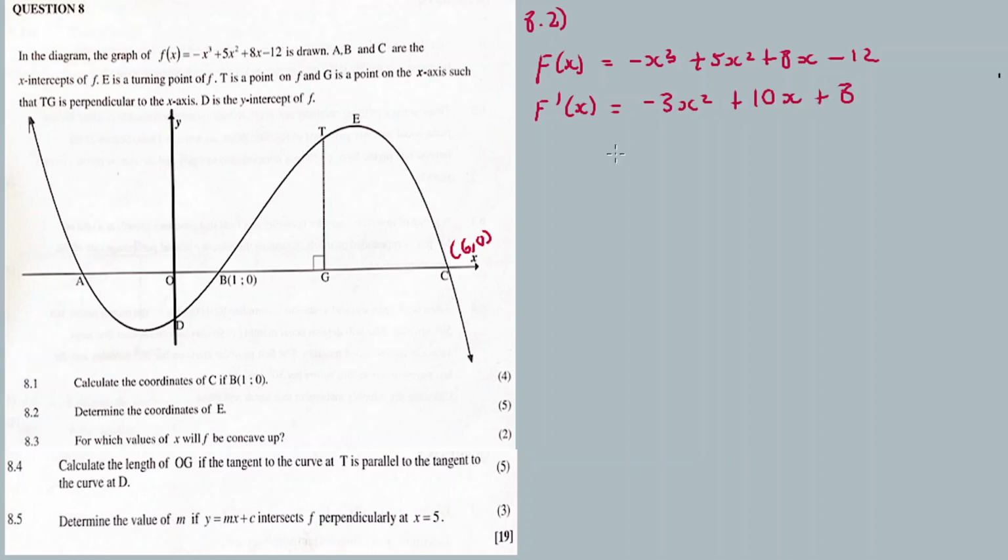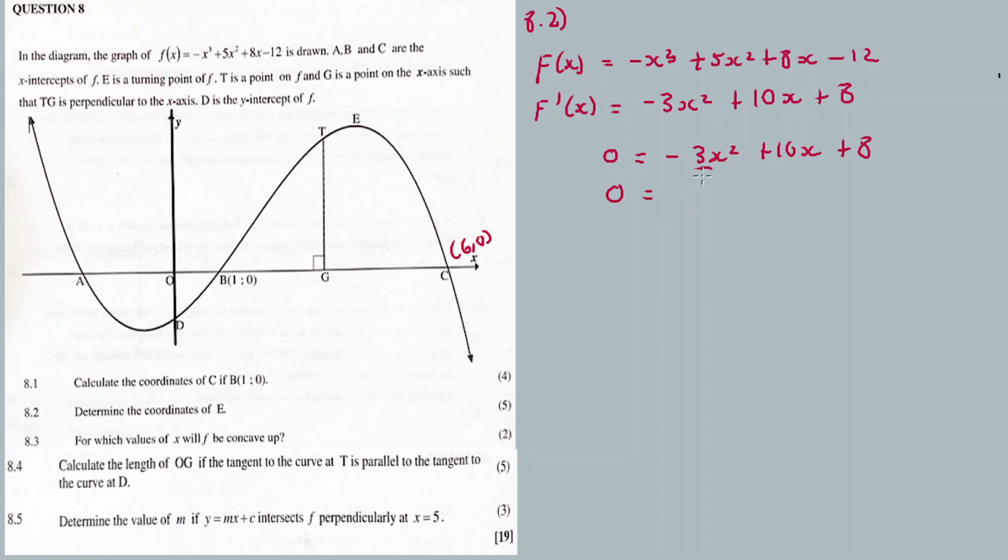Then you equate it to 0. So 0 is equal to minus 3x squared plus 10x plus 8. Therefore what do you do again, the quadratic formula or we factorize.